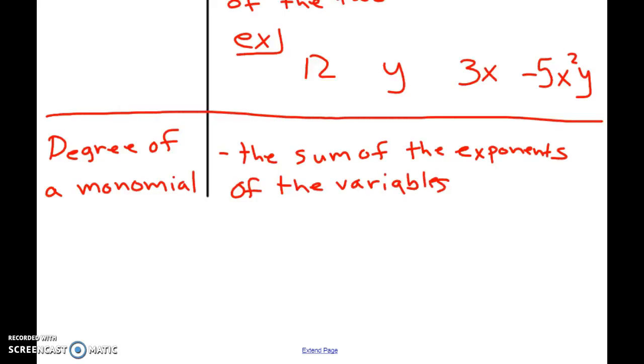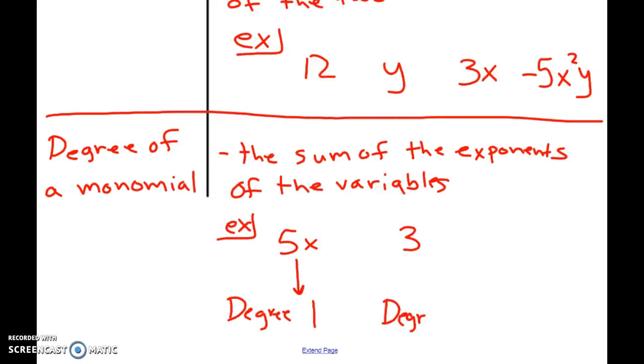Some examples here: if we had 5x, the degree there would be 1. If we had just a number, some constant like 3, the degree is 0.